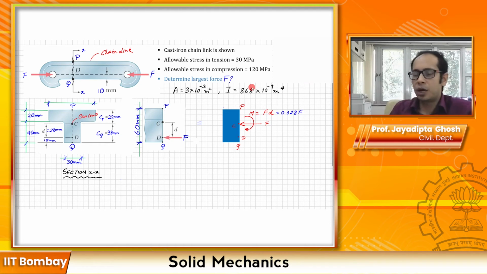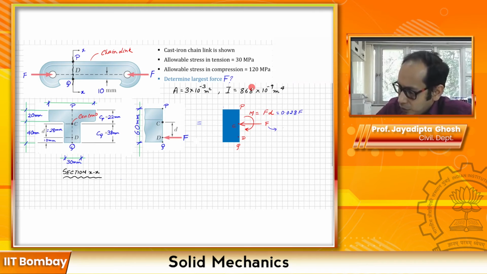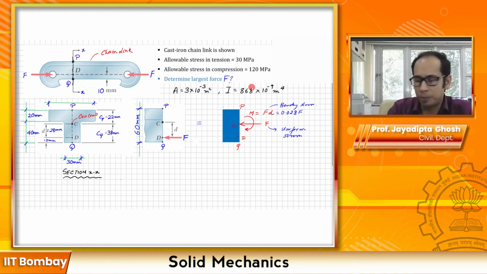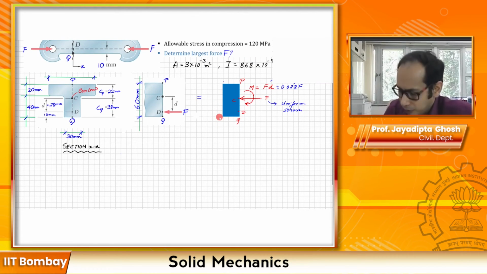Okay, so now what are we going to have? Due to this force F that you see, we are going to have a uniform stress distribution, and the moment will cause bending stresses. Now we already know how to compute those things. So maybe let's draw the overall stress distribution, if I may.